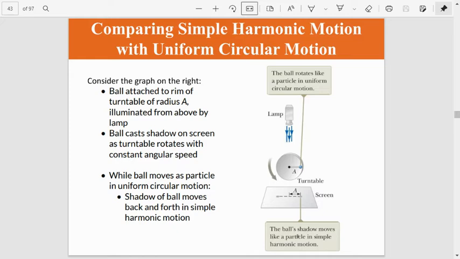the lamp above it is casting a shadow on a screen underneath. So as the particle rotates counterclockwise, you will see the shadow moving on the screen. It turns out, though, that the movement of the shadow, which is just going to be moving left and right in a single line, can actually be described with simple harmonic motion.